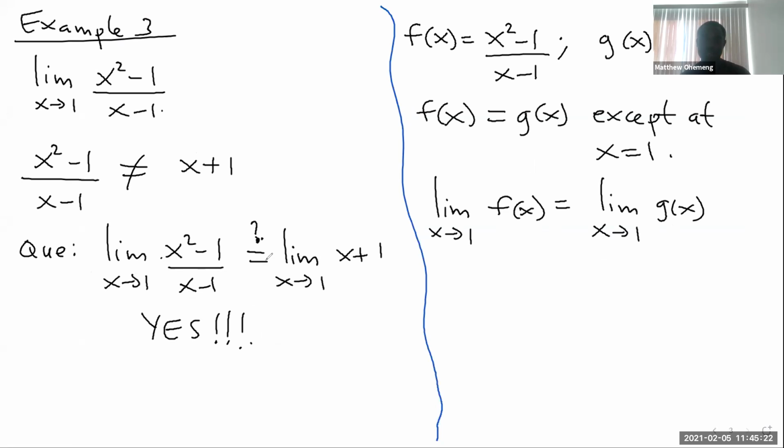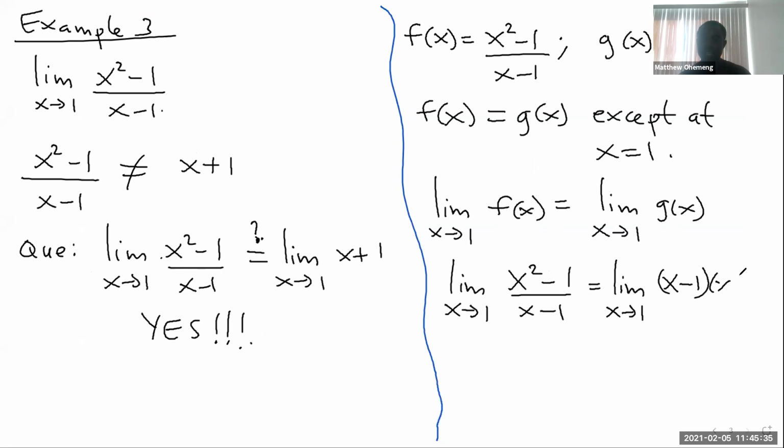So how do we get from here to here? We get from there to there because if you have the limit as s approaches 1 of (s squared minus 1) over (s minus 1), then this is going to be the limit as s approaches 1 of (s minus 1)(s plus 1) over (s minus 1). For here, you can cancel the s minus 1 and the s minus 1 out. Why?